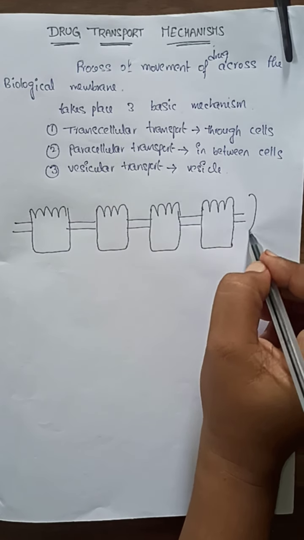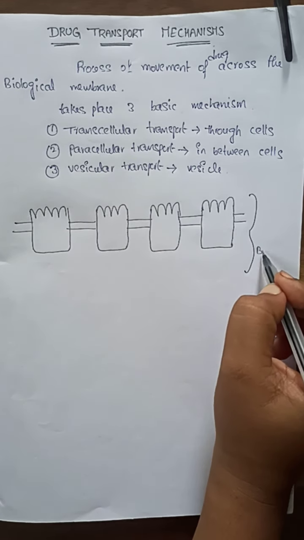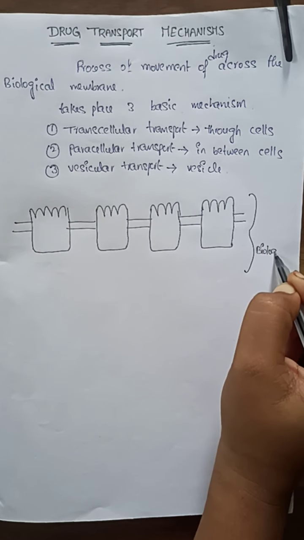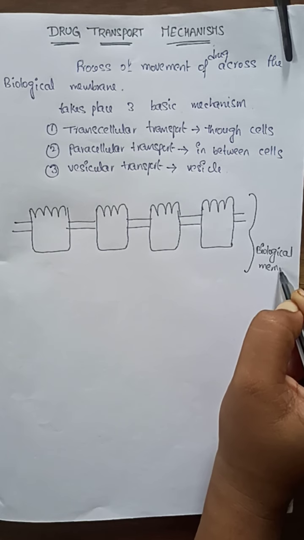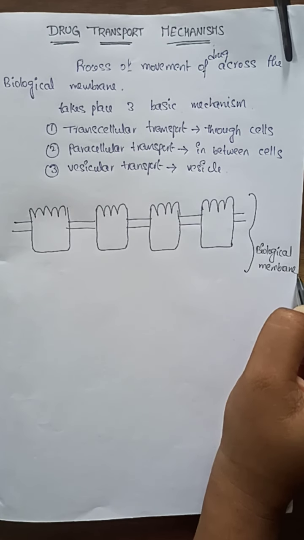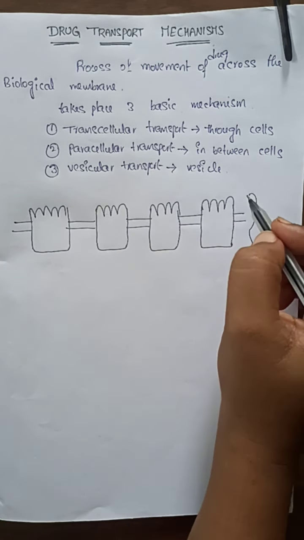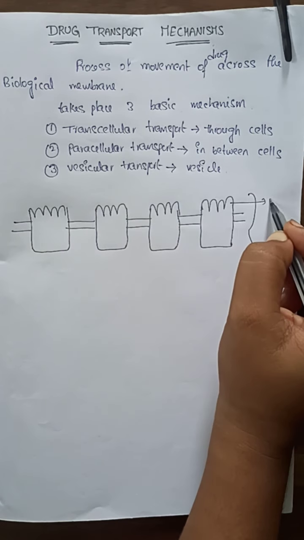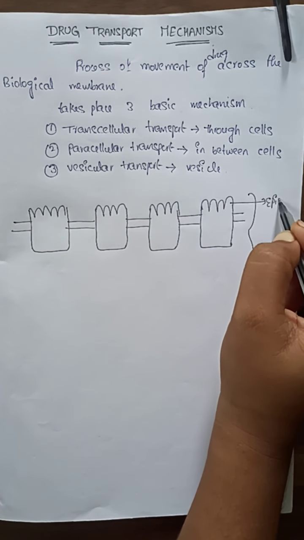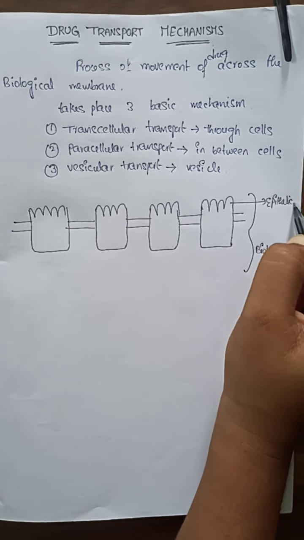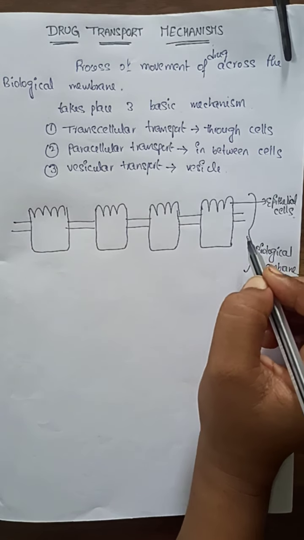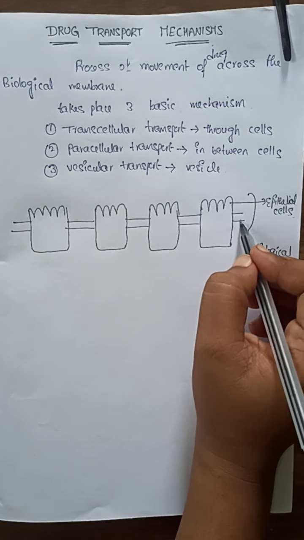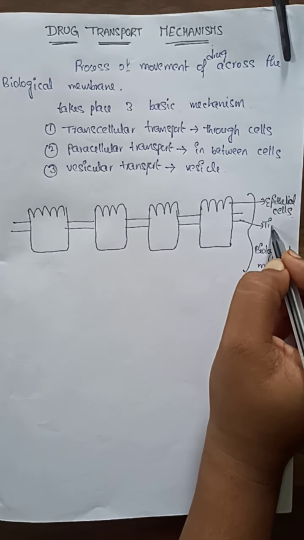So this total is known as the biological membrane. The biological membrane is composed of epithelial cells, and these are tightly bound together and form the tight junction.